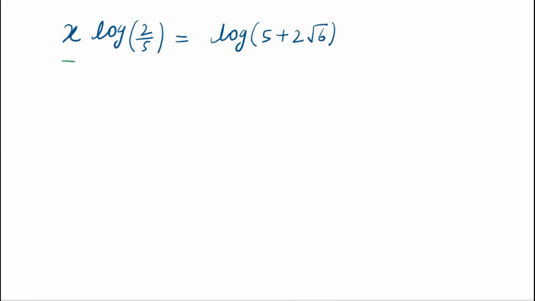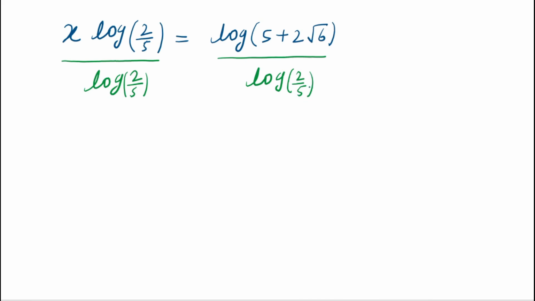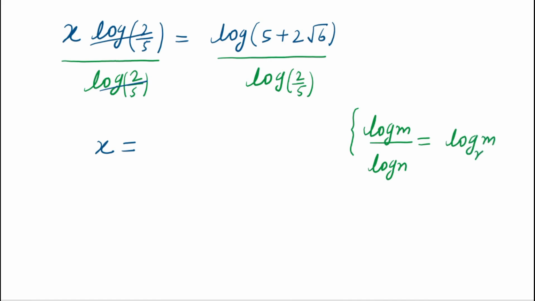Now divide both sides by log 2/5. Then on the left-hand side, this and this cancel out, and x is equal to, on the right-hand side we will apply this rule: log m over log n is equal to log m with base n.